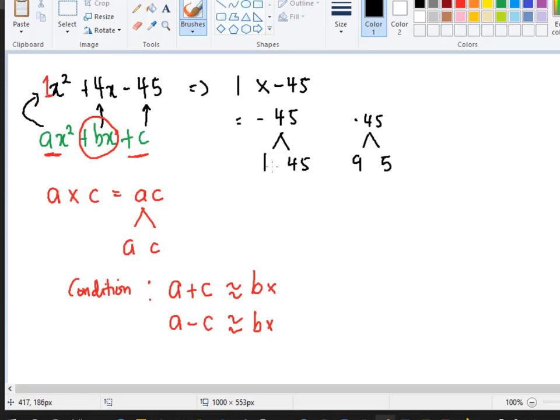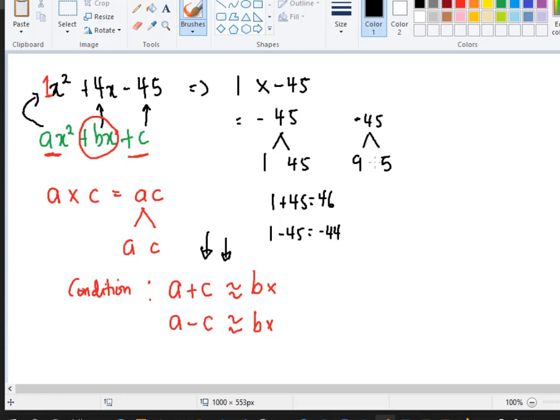Now when we look at 1 and 45 and apply the conditions, 1 plus 45 gives 46, which is far away from the answer we are expecting. If we do subtraction, 1 minus 45, we get minus 44, which is way far from the 4 that we are looking at.